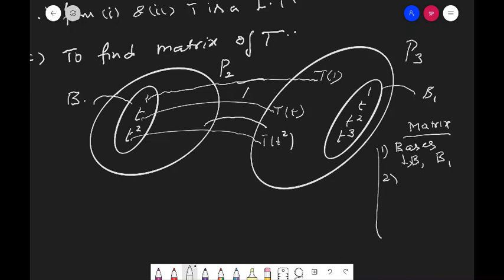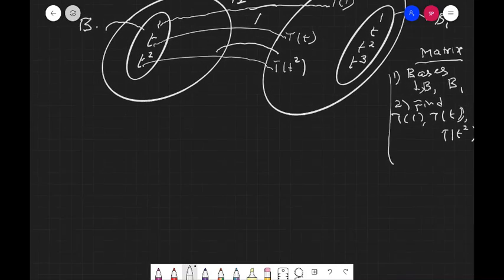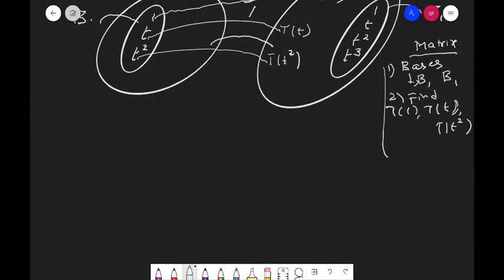So let us finish that. So to find T of 1, T of t and T of t square, let us finish these two first and then come back for the other steps needed for the matrix of transformations.